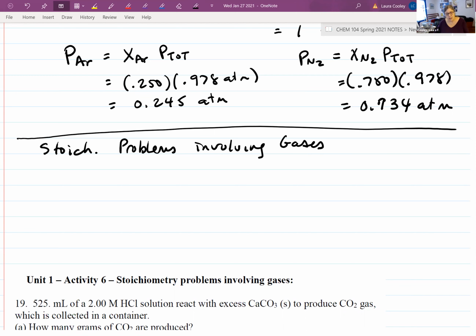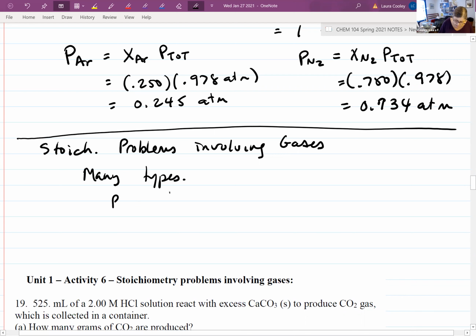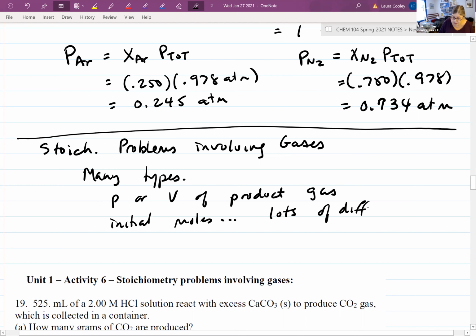In many cases, we're using the ideal gas law to find maybe the volume or the pressure of the gas produced, or we could be calculating the moles of gas reactant that would be needed. So there are many different types of stoichiometry problems. You might want the pressure or volume of a product gas, or you may want the initial moles. There are lots of different variations.